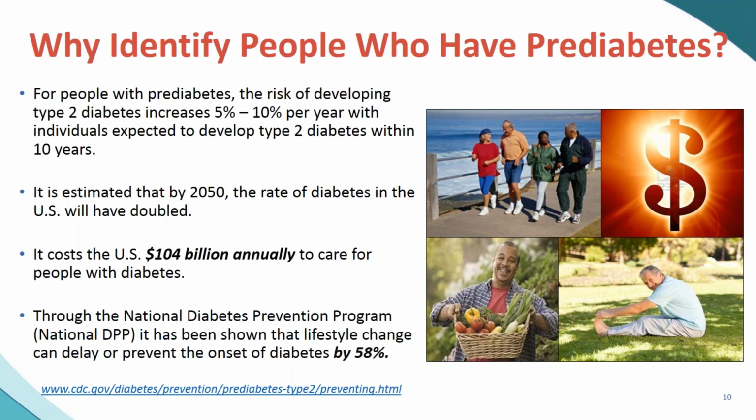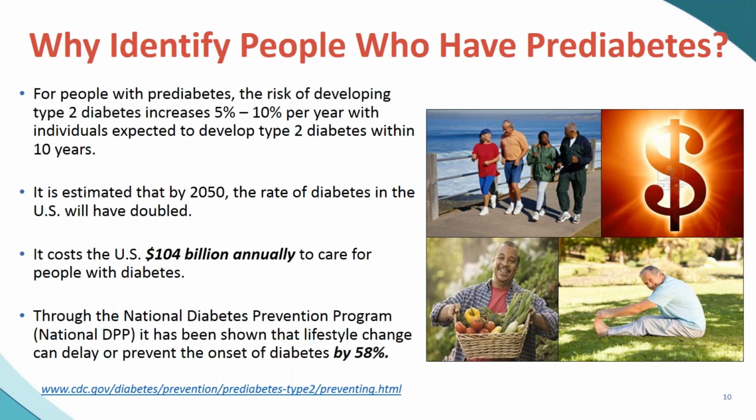Because it is estimated, and this is based upon actual clinical data, that every year 5 to 10% of people who are identified as pre-diabetic, if there's no intervention, will go on to develop type 2 diabetes. So within a 10-year spread, virtually everyone that you have identified as pre-diabetic, if nothing else is done, will move on to become a type 2 diabetic.